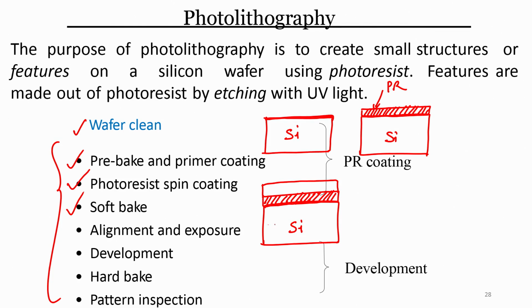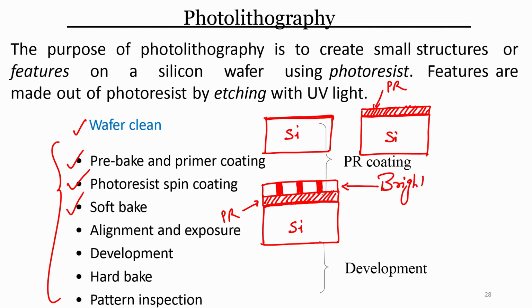So, this is my silicon, this is my photoresist, and this is my mask. The red bold area blocks light; in this design there are some pattern areas on the mask. So, what is this one? This is my bright field mask.